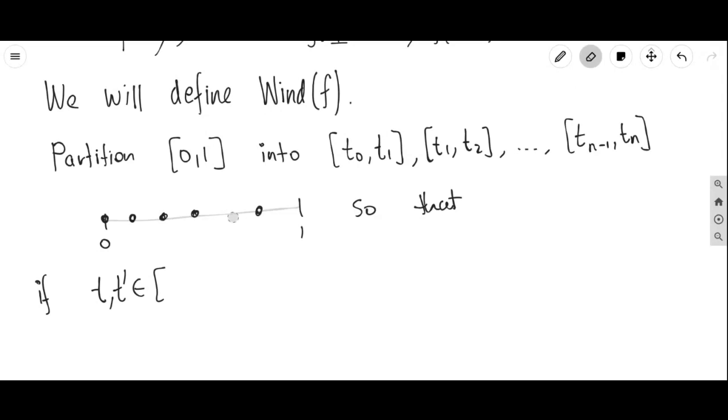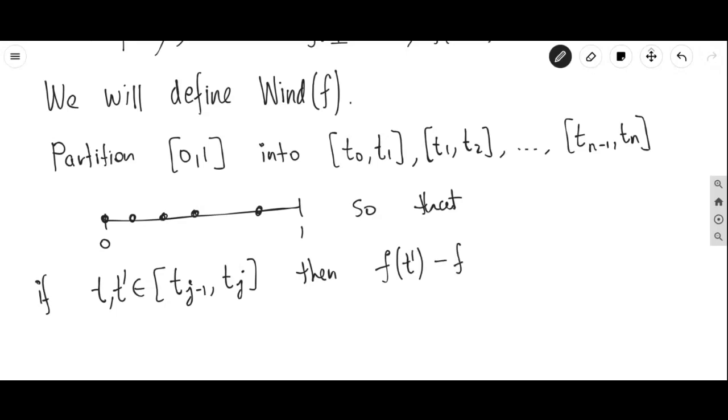And that's funny because you're doing complex analysis, but i represents an index and not the complex number. So maybe to avoid confusion, let me write it as T_{j-1}, T_j. Okay, so if you pick two moments in time in the jth subinterval, then f of t prime minus f of t will stay bounded by 1. It will stay bounded by the number 1.